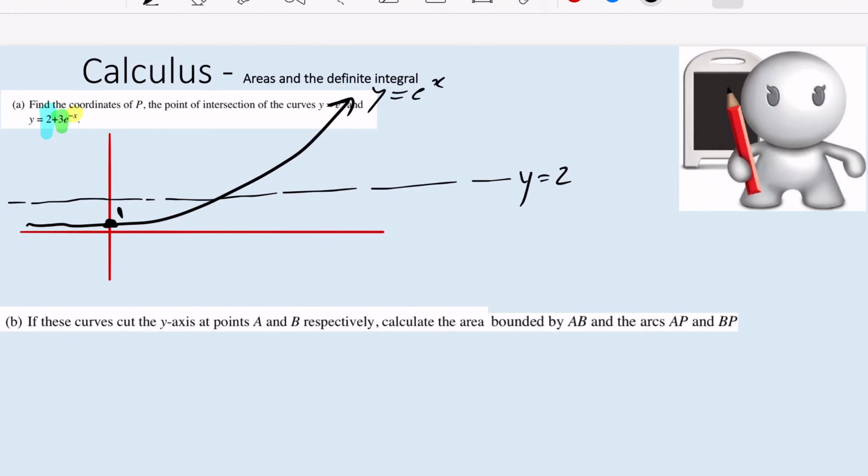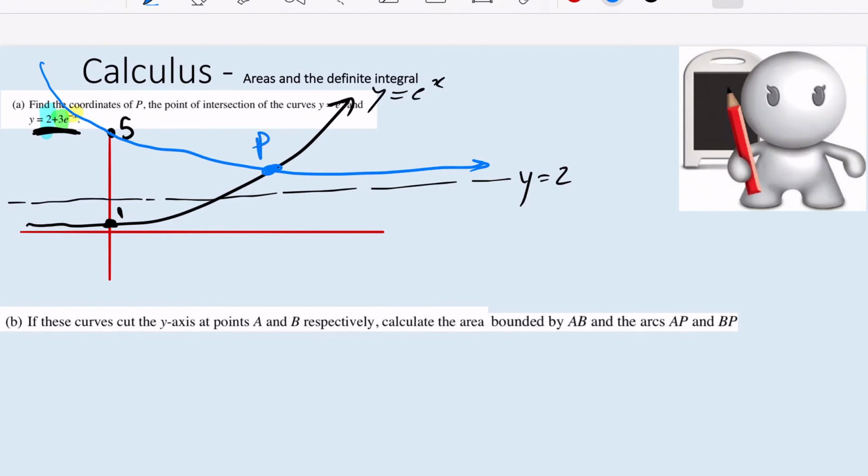So in other words, for this function over here, if it was simply e to the power of negative x, the y-intercept would have been 1, multiplied that by 3, now it's up to 3, then adding 2, it's now up to 5. So this function in blue is going to be something like this, and this is p.